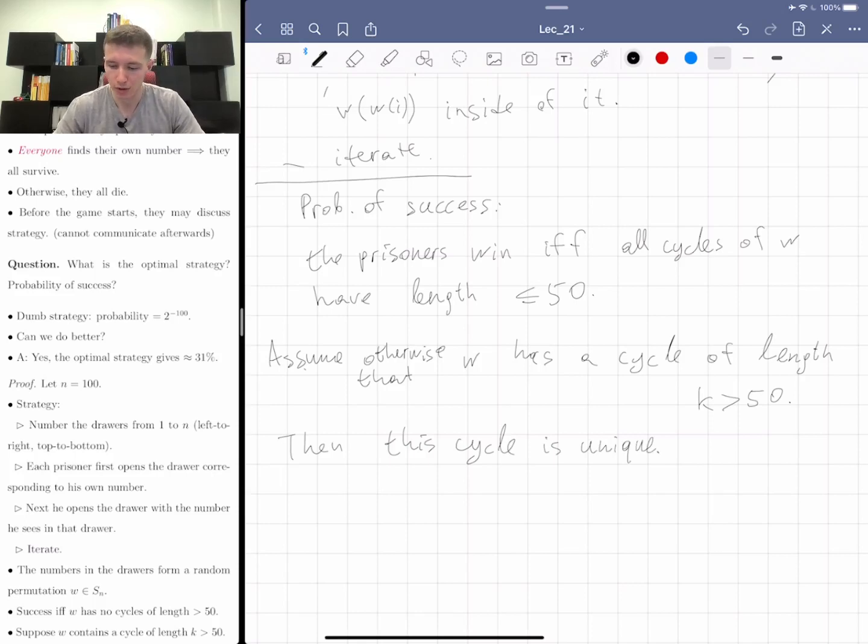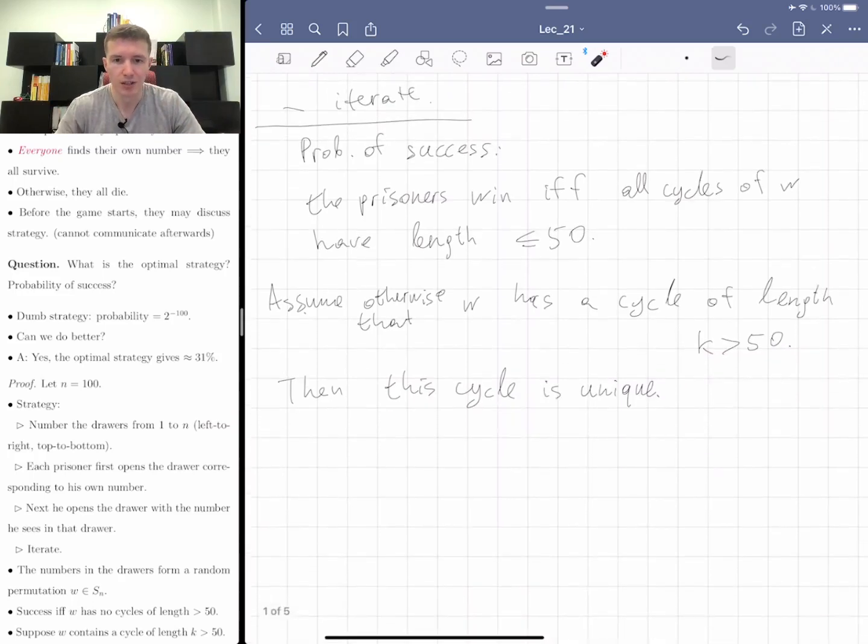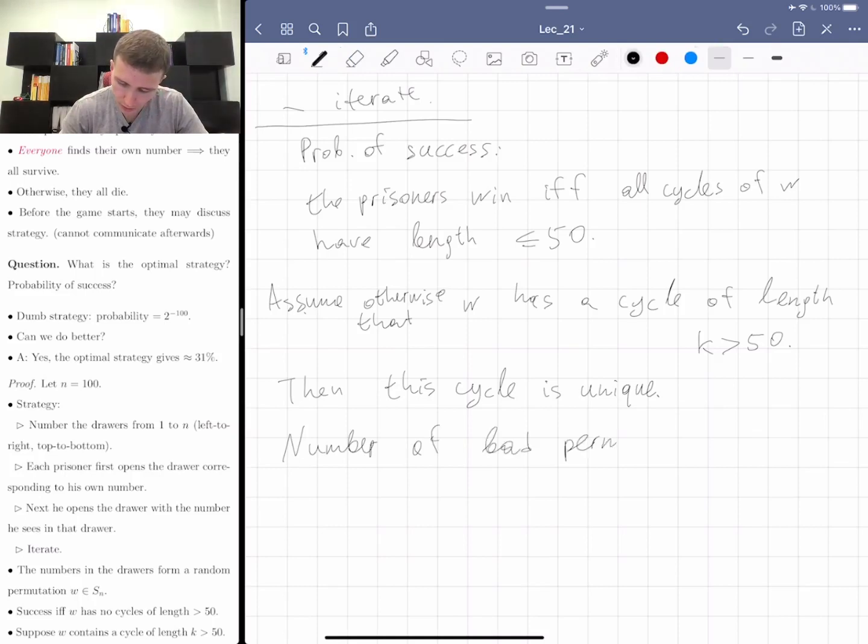Now I'm going to try to count the number of permutations which have at least one, and therefore exactly one, large cycle, which has more than half the elements in it. So how do I count the number of bad permutations W?